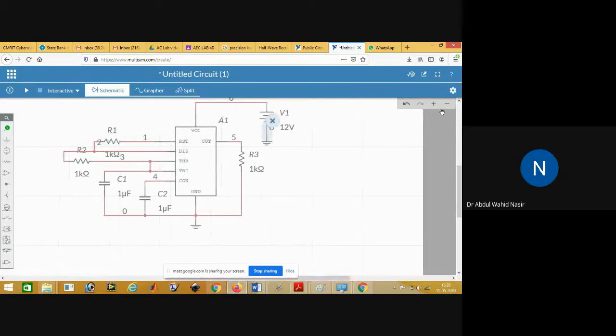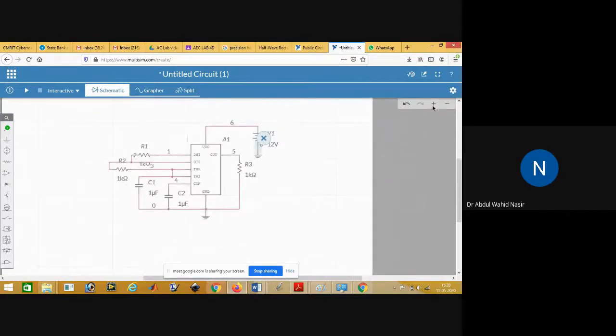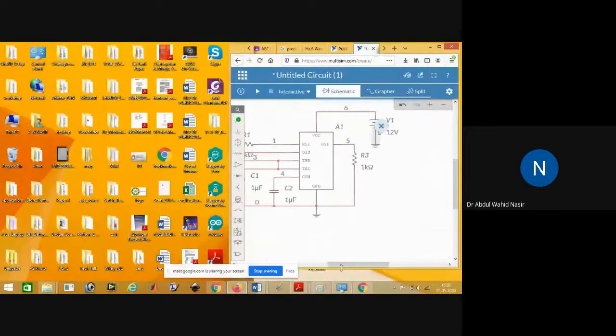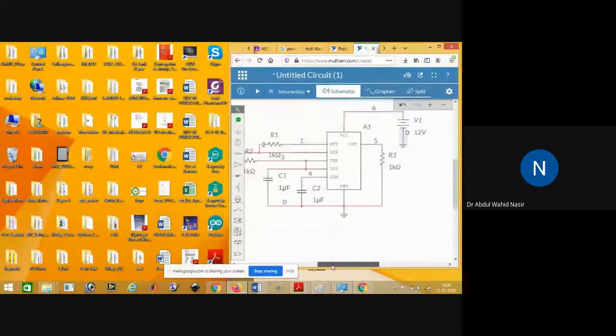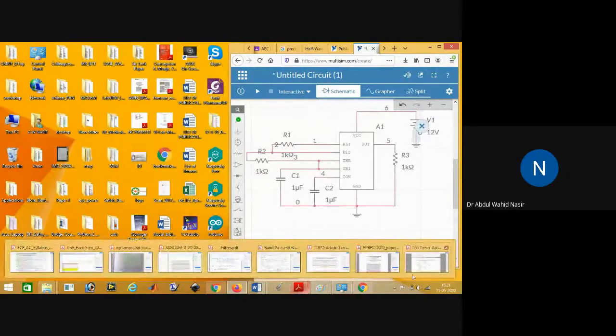The circuit diagram connection is complete now. I will also verify this circuit. This is the circuit diagram we have, and in the notes is what we have given.